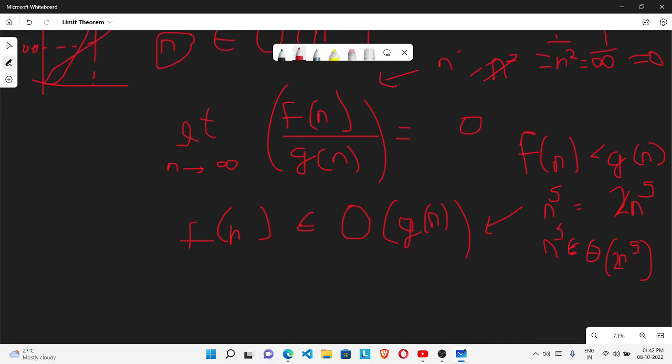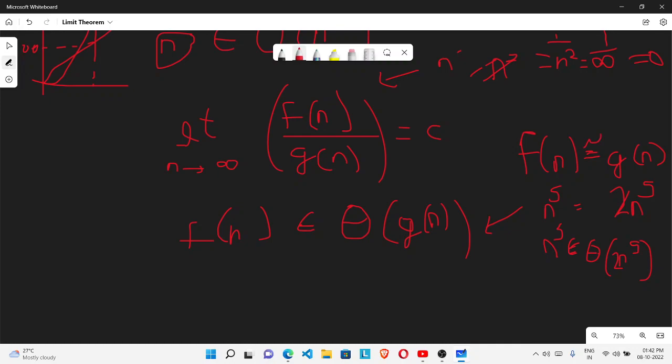So over here, what you will get is a constant. In that case, what you'll write is f of n belongs to theta of g of n. This is approximately equal.